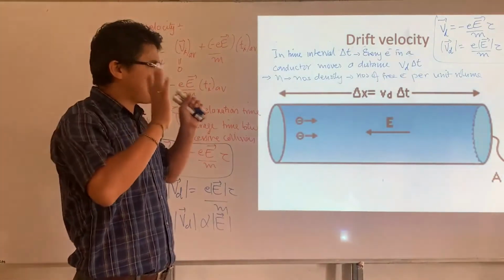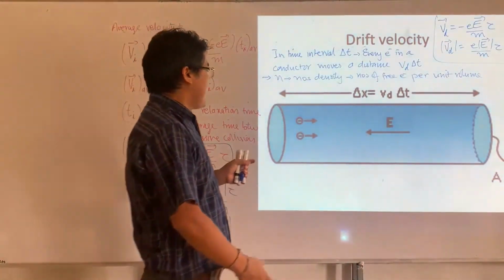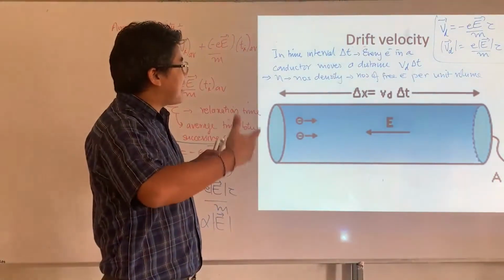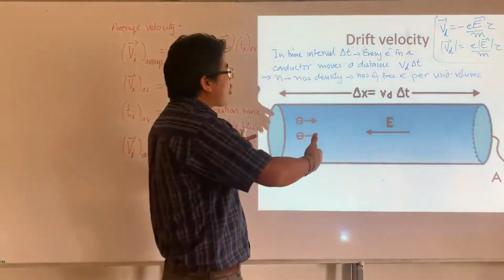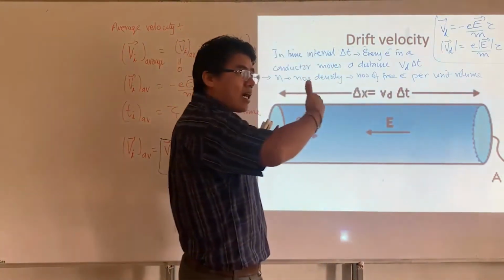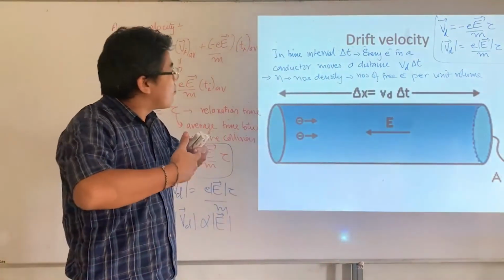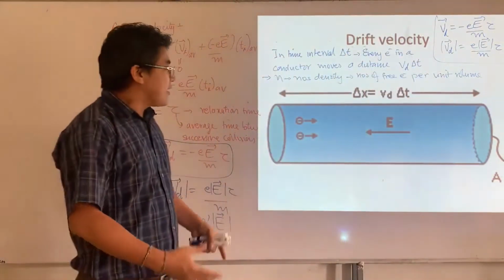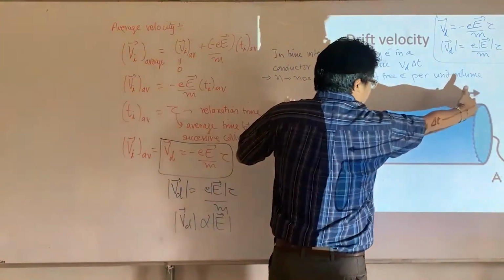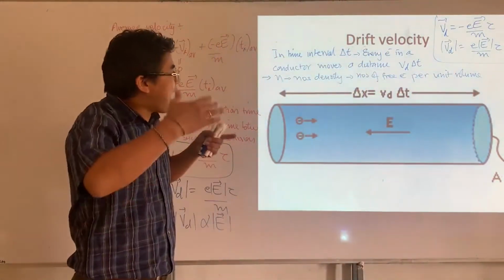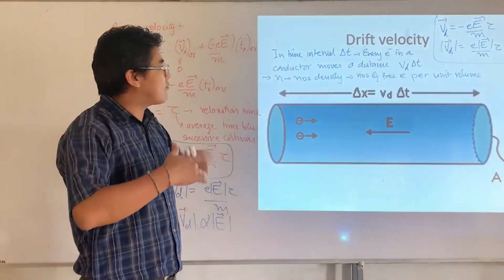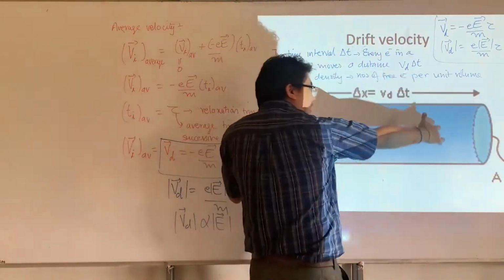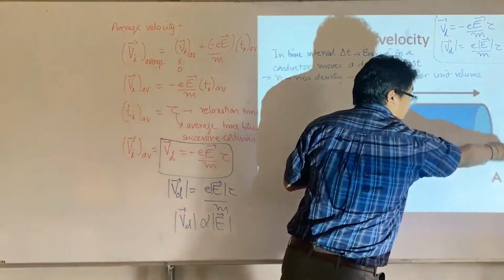Again, this is a very important concept. In a time interval delta t, an electron moves a distance of Vd delta t. Since this distance is Vd delta t, in a time interval of delta t all the free electrons within this volume cross this area.